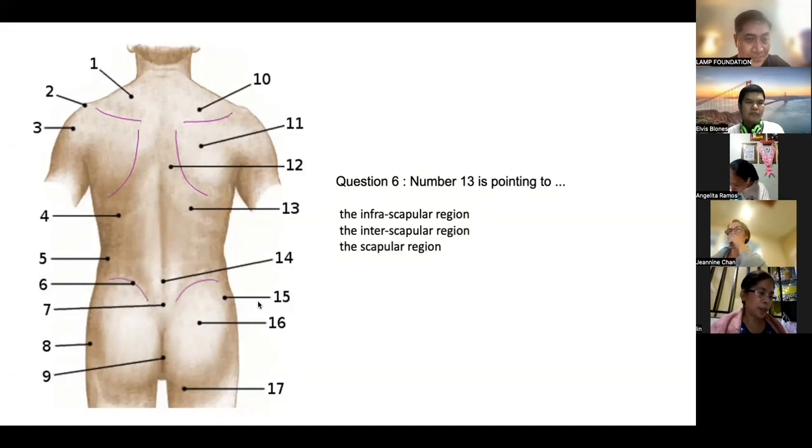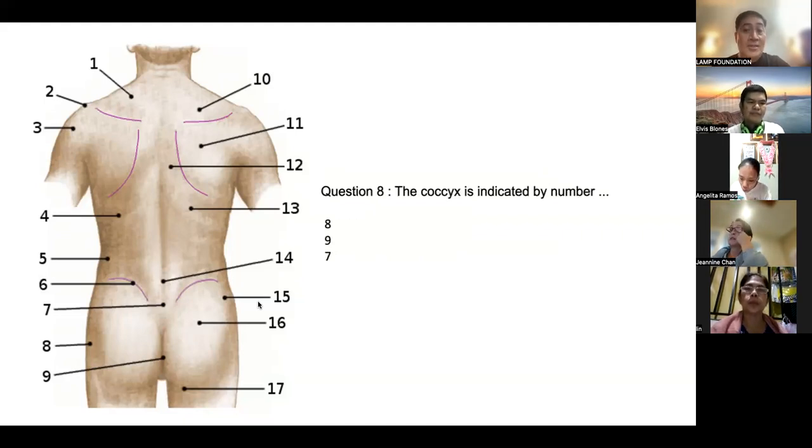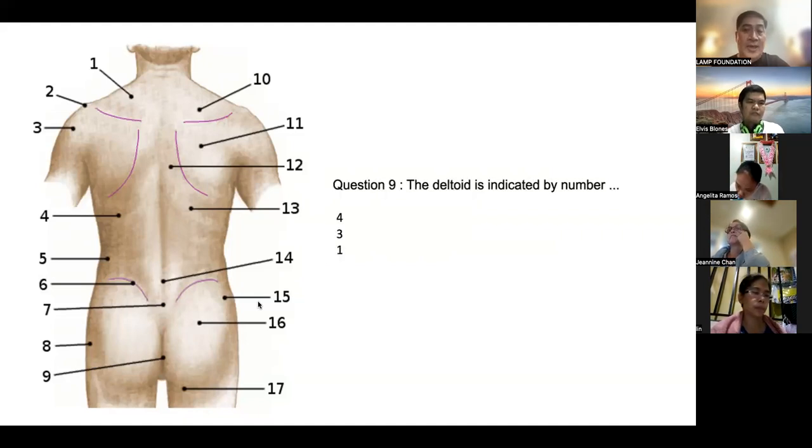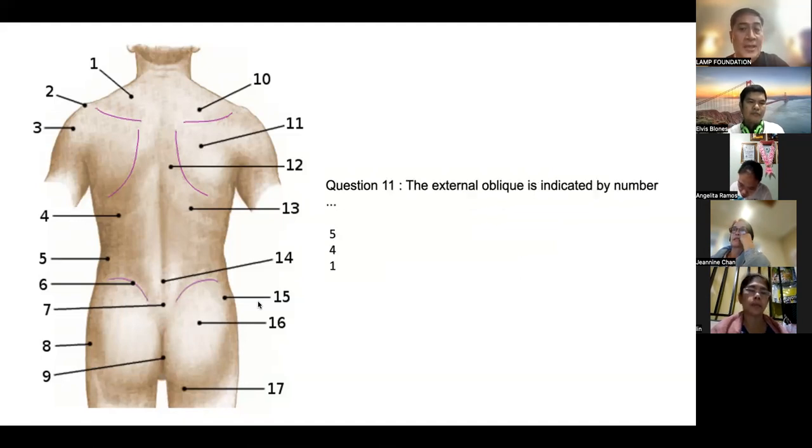The infrascapular region. Number 7 is pointing to what? The sacrum. The coccyx is indicated by number what? Number 9. The deltoid is indicated by number 3. What is number 9 pointing to? The coccyx.